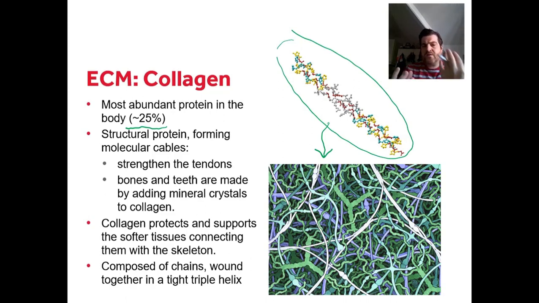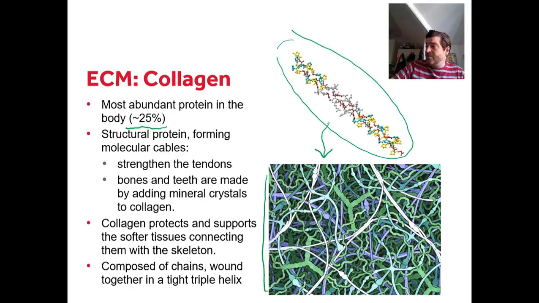The other thing that collagen does is act as a protection. You can probably imagine looking at this meshwork, it's almost like cotton wool. It's protective, so it both supports and protects softer tissues and helps connect them to the skeleton.